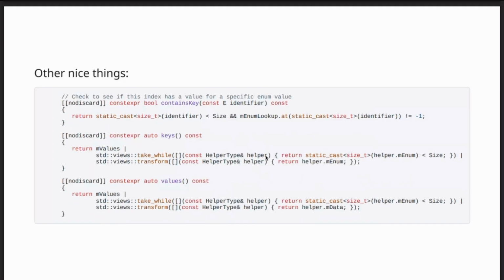Go ahead. Oh, and then I suppose adding other nice things to make the semantic usage more helpful was including views to iterate over the keys that are defined and to iterate over the values.